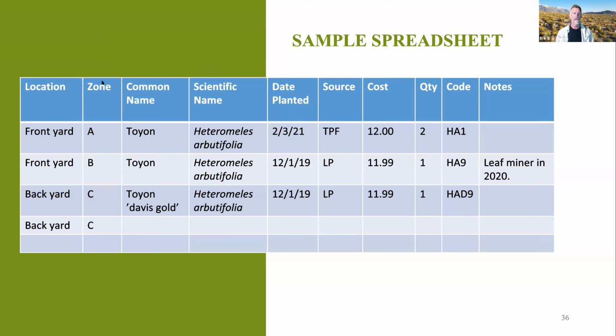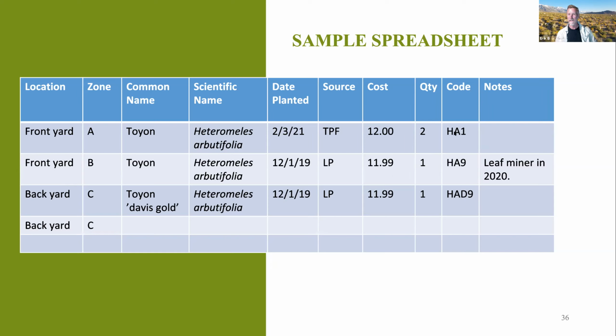You would list the plants by zone A, and you list the common name, scientific name, when it was planted, where you bought it from. That's a good idea. All of these things can help you start to see, and clearly Las Pilitas is 1 cent cheaper than Theodore Payne. So, save that money.